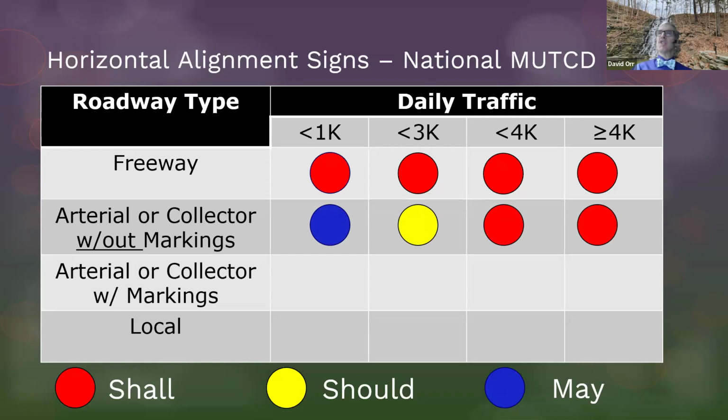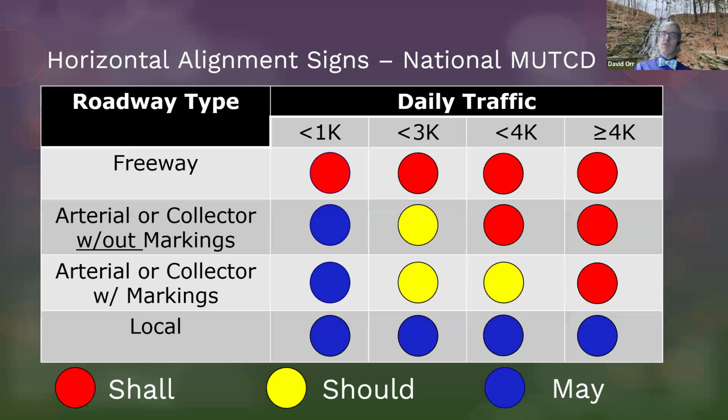And it's a should, you've got to document why you couldn't do it, if it's in that range between 1,000 and 3,000. Now, if you have markings, you can get away with not putting the signs up as much. And for local roads, they continue to leave it as you may do it.